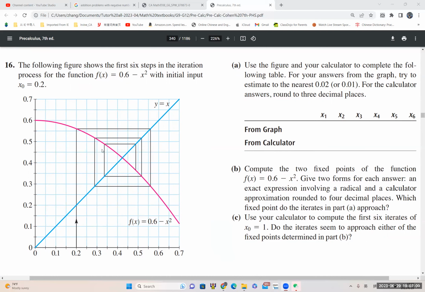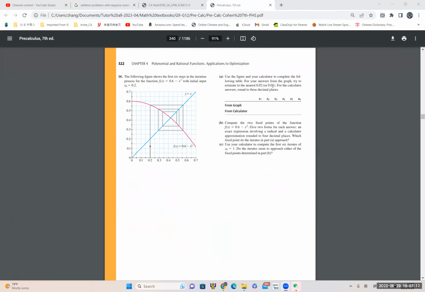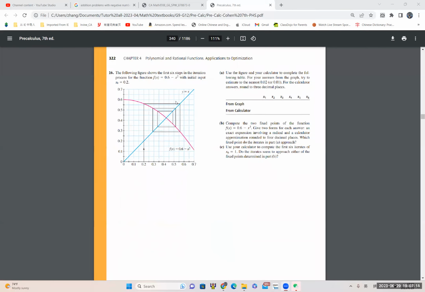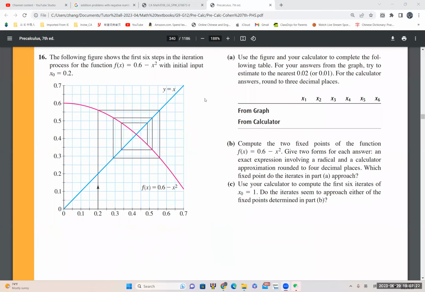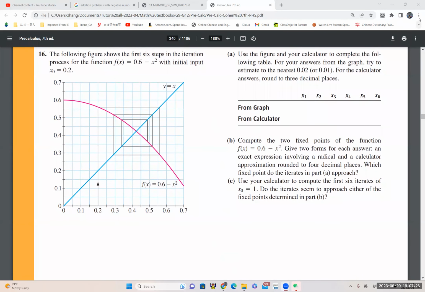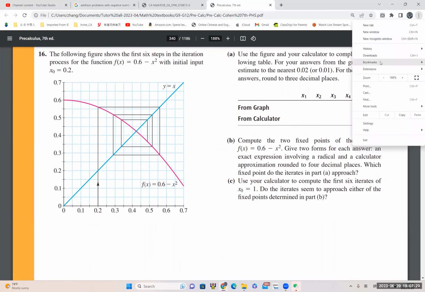Oh, so what should we do? Oh, okay, I see. This means questions A, B, C. So we need to keep more space.